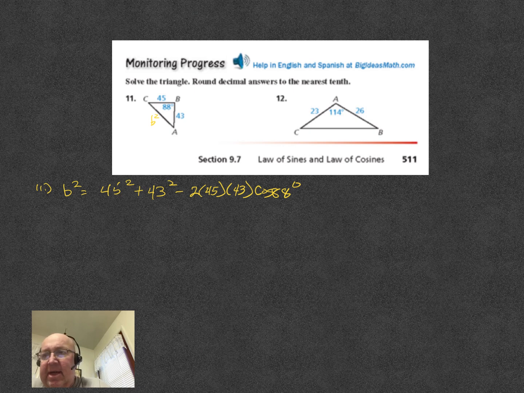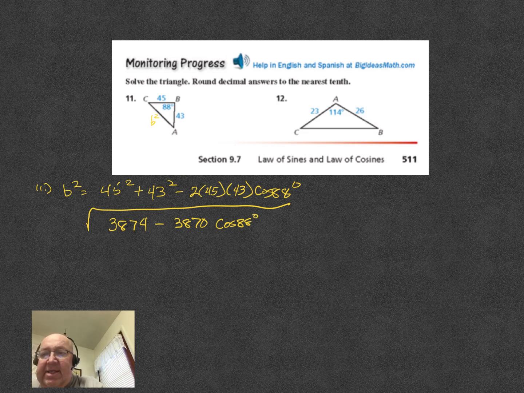Okay, I'm going to go ahead and sum up these two parts, which is 3,874, minus 3,870 times cosine 88 degrees, and then find the square root.